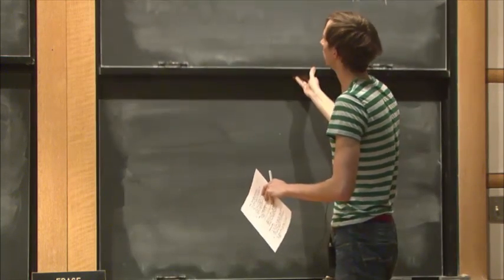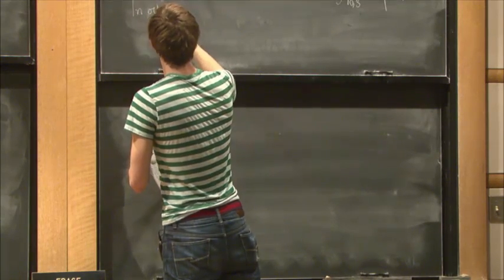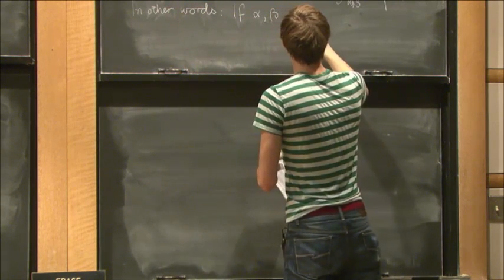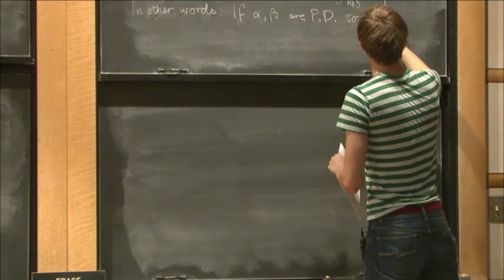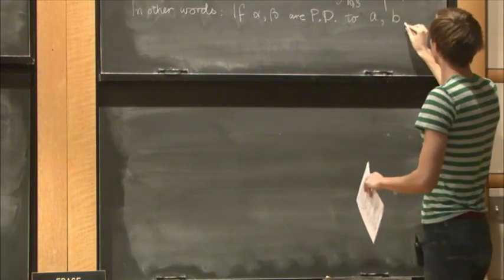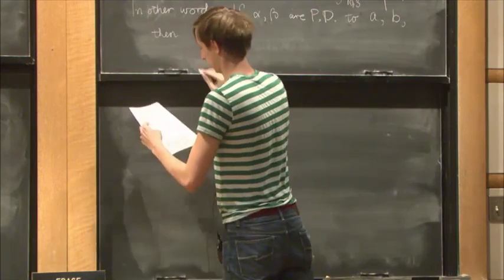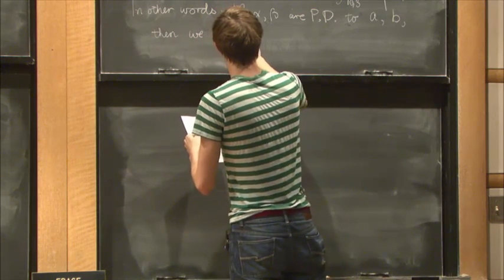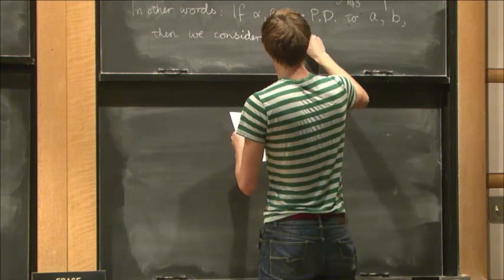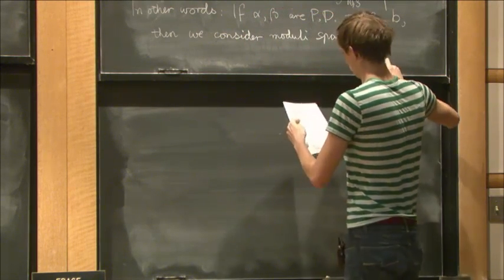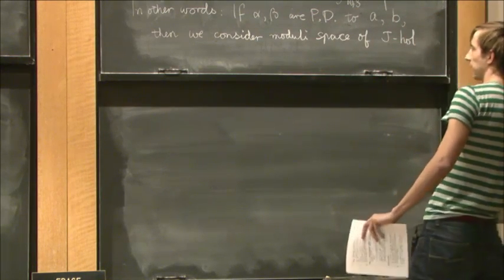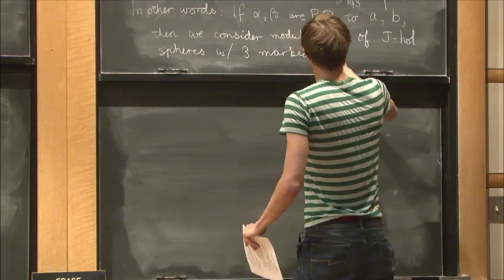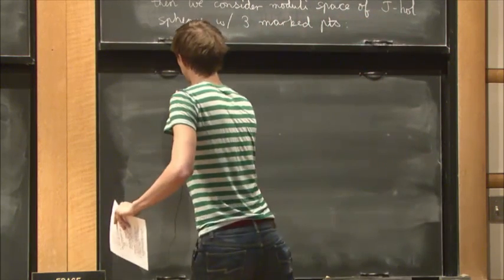So let me explain geometrically. If these alpha and beta are Poincare dual to A and B cycles, we look at the moduli space of J holomorphic spheres with 3 marked points, looking like this.